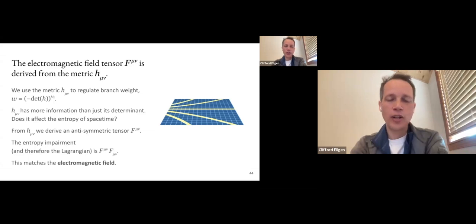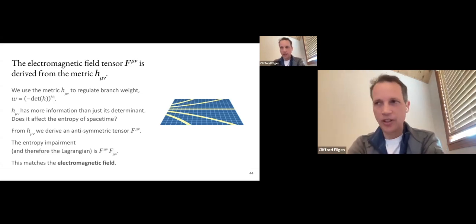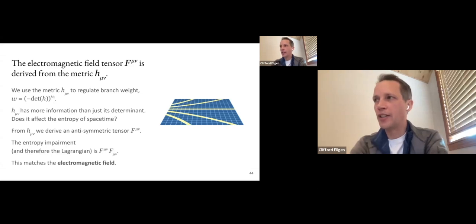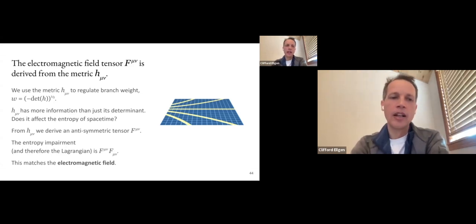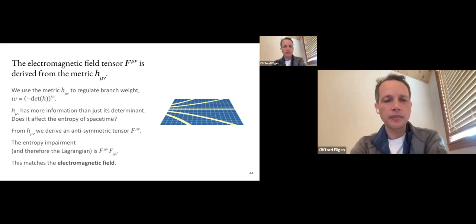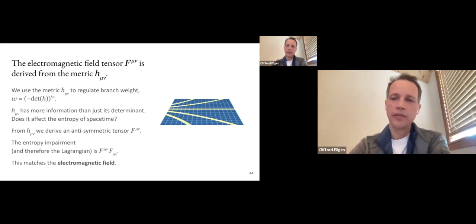The extent to which they do not match up is the extent to which this metric h affects the entropy of spacetime. And again, we're going to leave that story aside, but it turns out that it has an effect on the entropy. And so we can ask, how do we quantify that effect on the entropy?